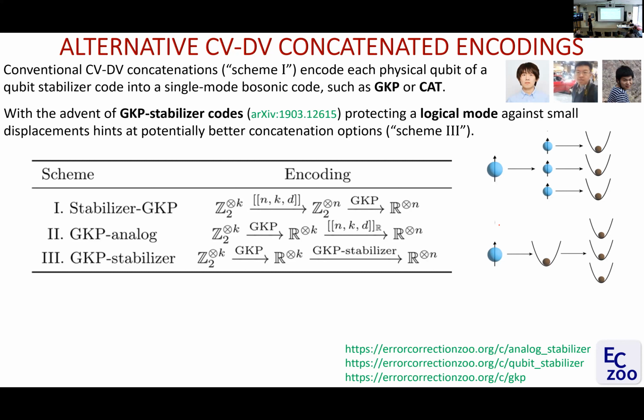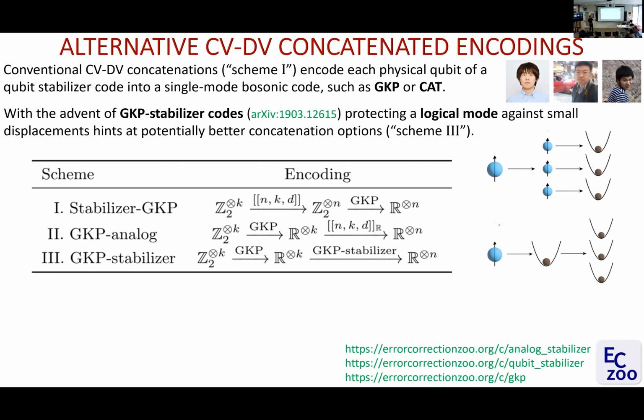And we tried to analyze these codes from the perspective of storing discrete information. So the concatenation would basically be taking multiple modes and encoding a logical mode in these multiple modes using this GKP stabilizer prescription. This is an infinite dimensional information space that's embedded redundantly in these multiple infinite dimensional ones, but then concatenating that by encoding a finite dimensional subspace in this infinite dimensional space. So this is the combination.